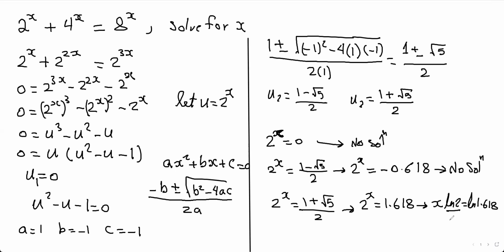Now I divide both sides by ln 2, and my final answer will be x equals 0.694, rounded to 3 decimals. So there's only one solution. Okay, and that's it for today.